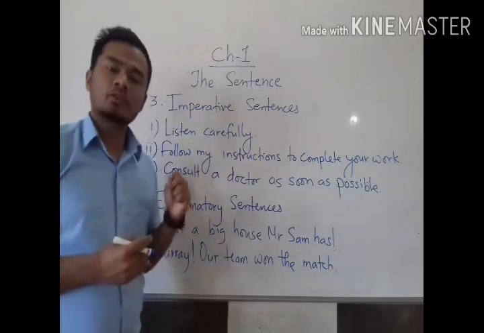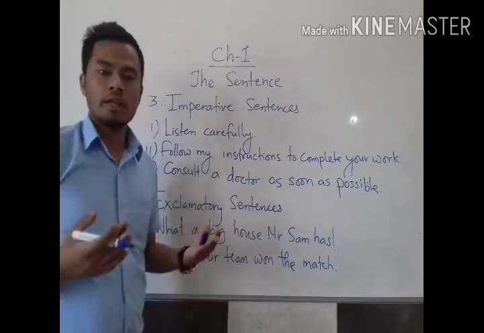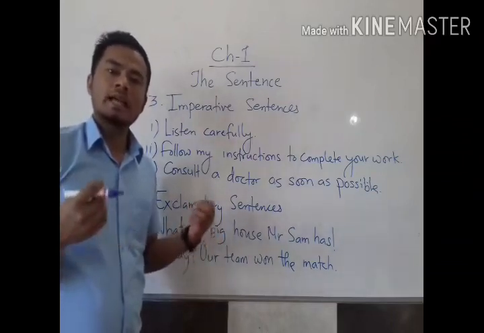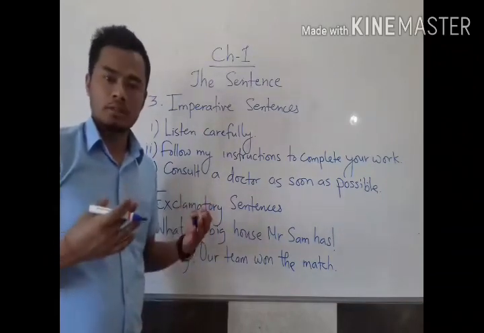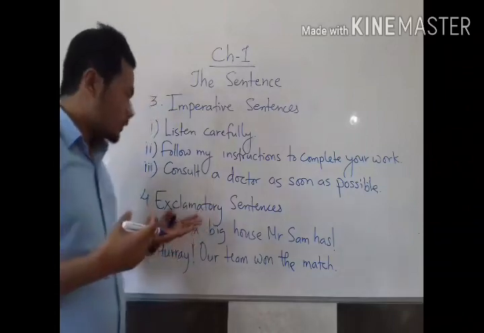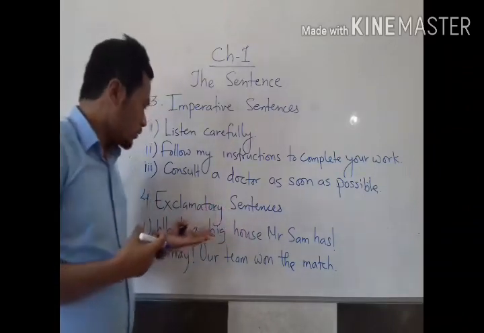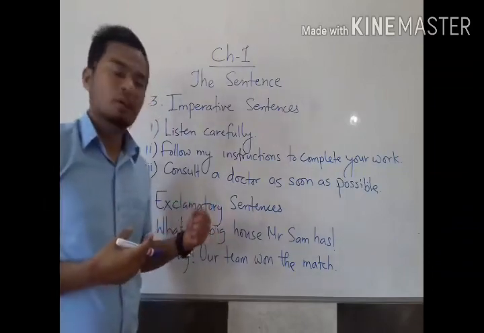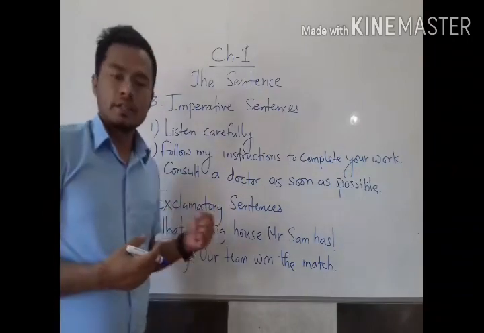Exclamatory sentences are those sentences that convey our sudden feeling of joy, anger, sadness or any kind of feeling which comes suddenly, at once. These kinds of sentences are called exclamatory sentences. Exclamatory sentences are framed by using WH words or interjections.